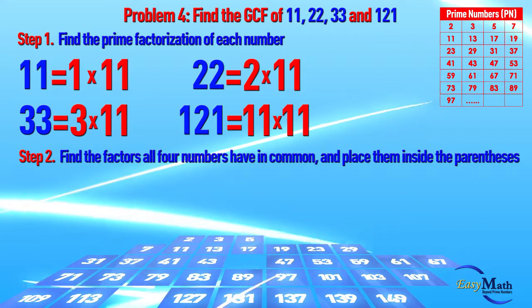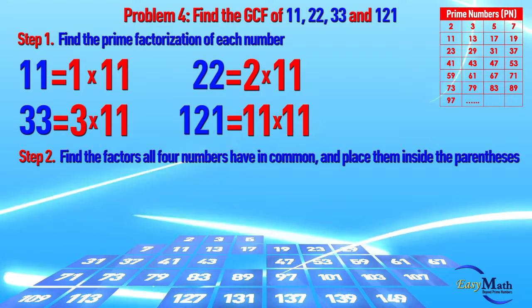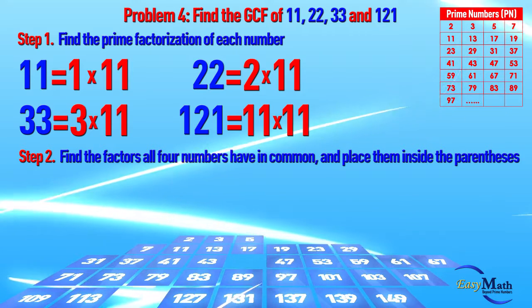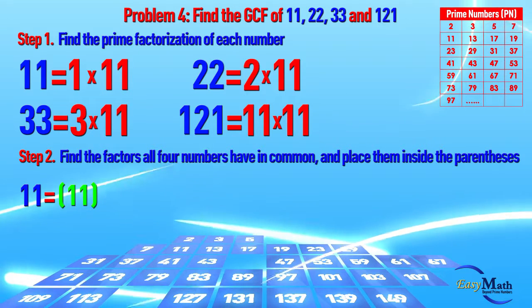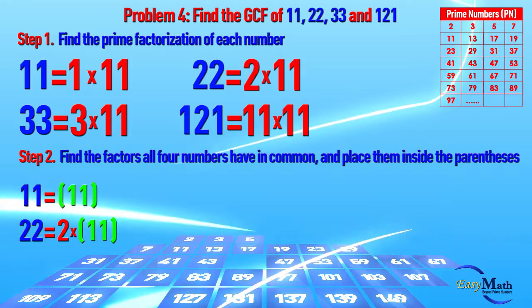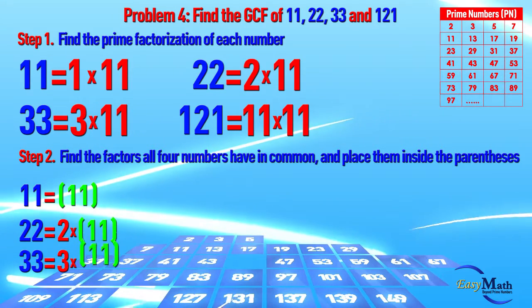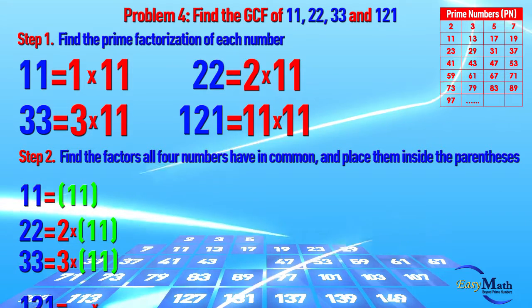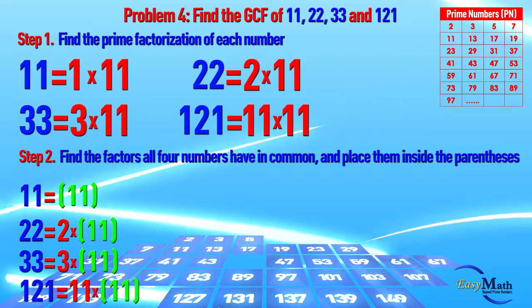Step 2. Find the factors all four numbers have in common and place them inside the parentheses. 11 equals 11. 22 equals 2 times 11. 33 equals 3 times 11. 121 equals 11 times 11.